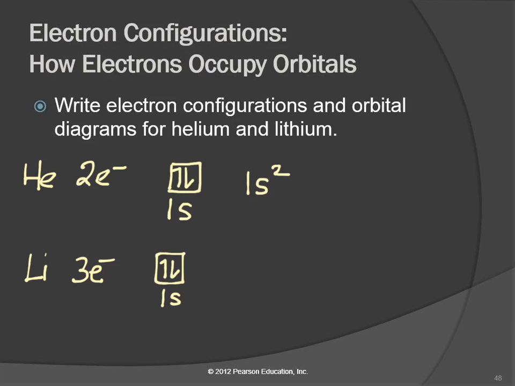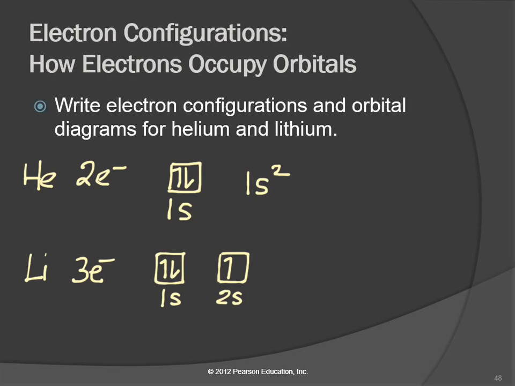And then where's the 3rd electron going to go? It's going to have to go up to the 2nd floor. Going to have to spend more money, be higher in energy. The first room on the 2nd floor is the 2s. And so we'll put 1 electron in there. We're going to fill the hotel up from the ground floor, and we'll go to the 2nd floor, and we'll move over.